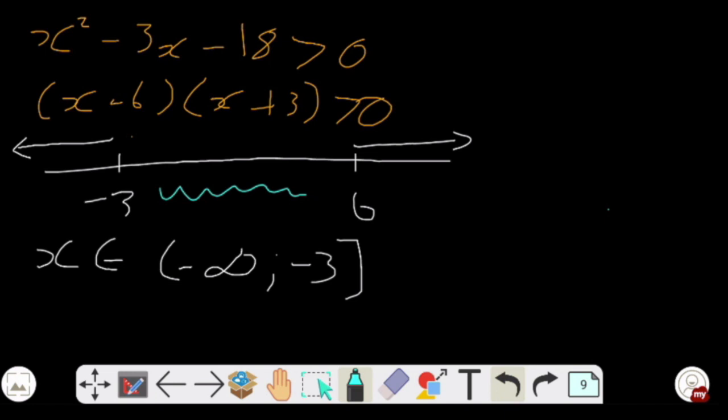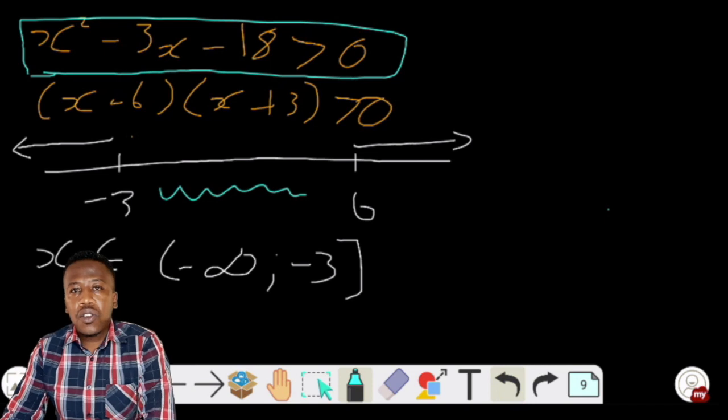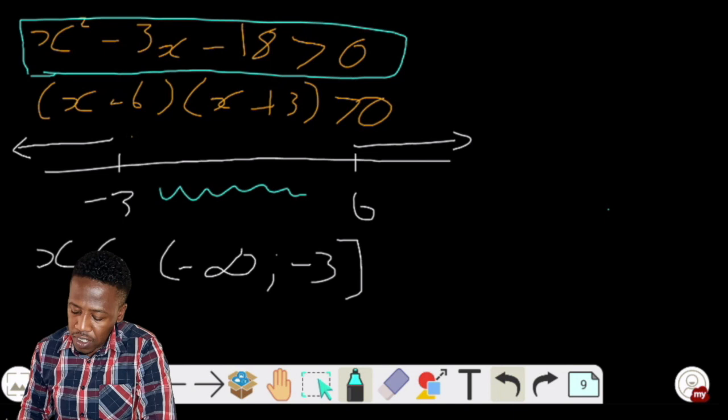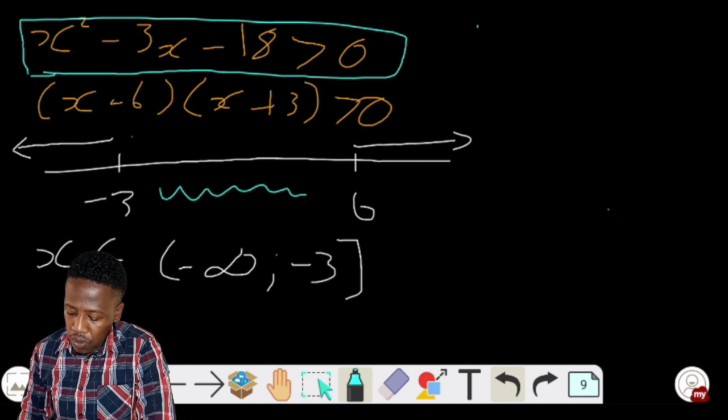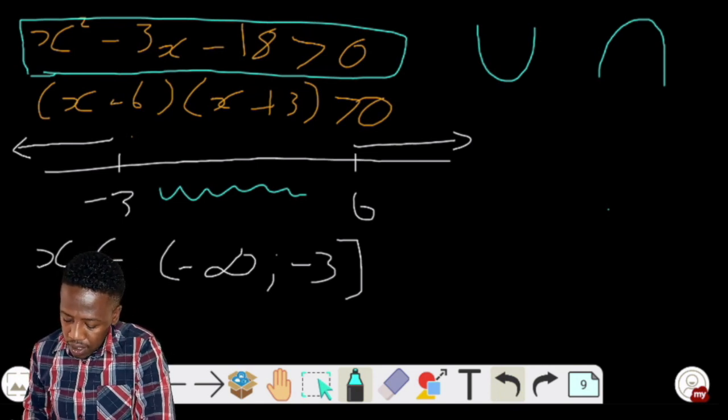And then remember, we are dealing with a quadratic equation which is represented by a parabola. For you to know whether your parabola is going to be a negative or a positive parabola, remember, a positive parabola would be a smiley face, and a negative parabola would be a frowny face in a way. How do you know that?